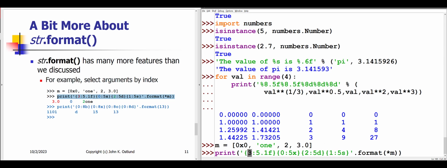So the third argument, which is going to be the 3.0 here, notice that I'm using my iterable expansion.